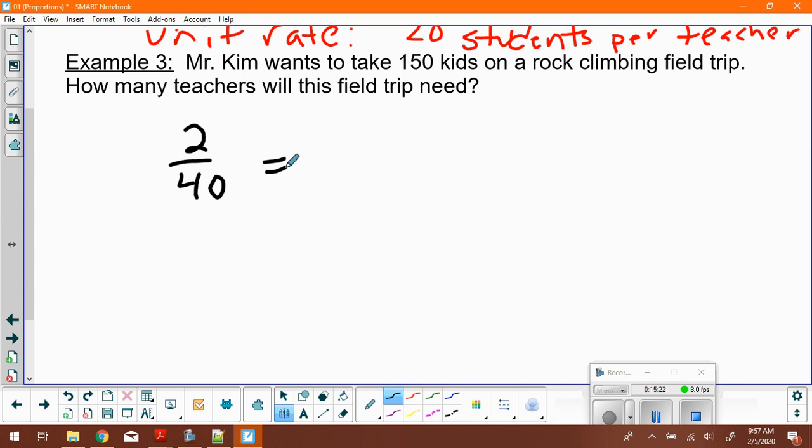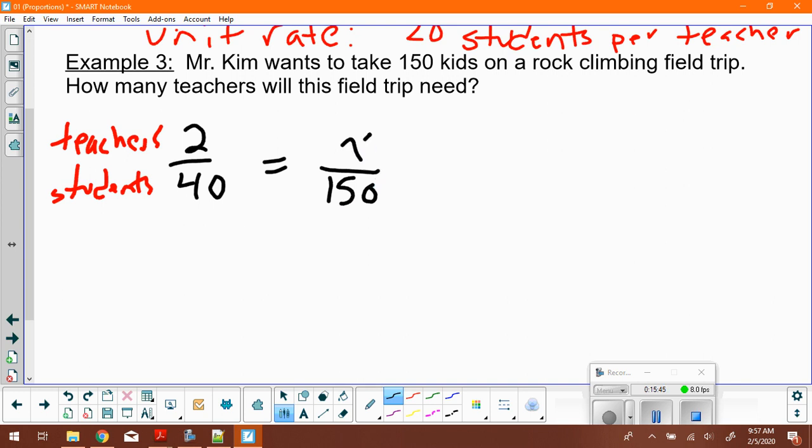I now have 150 students. When I'm filling this in, it has to match. The way I have this set up, I have teachers in the numerator and students in the denominator. So I have 150 here, and I need to know how many teachers, so X goes there.